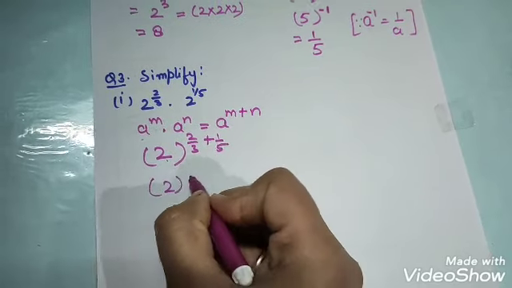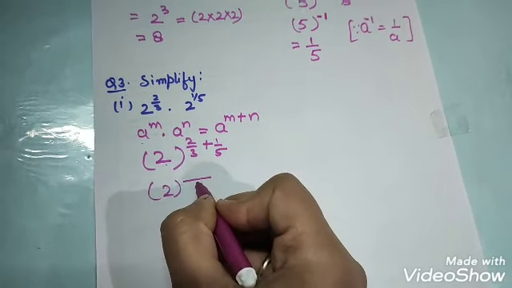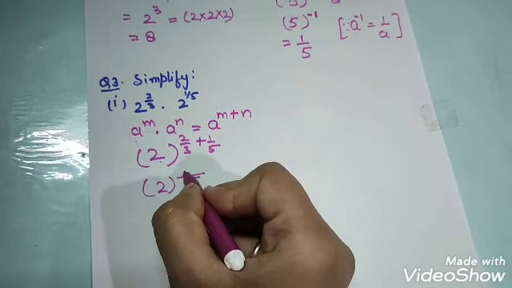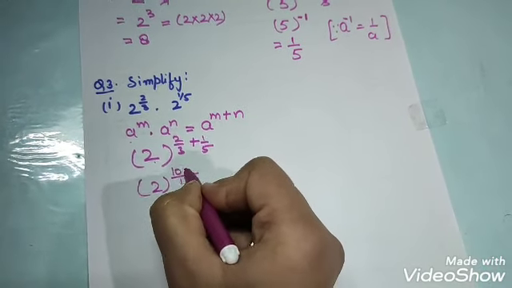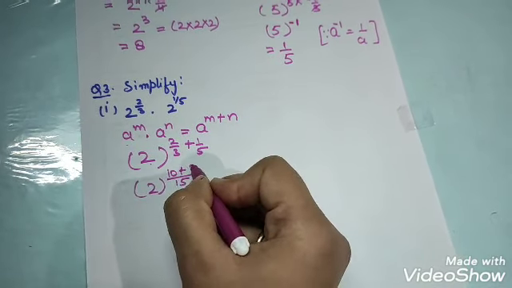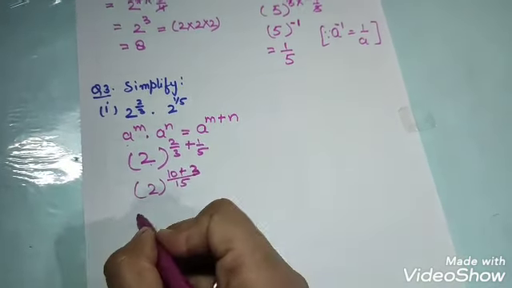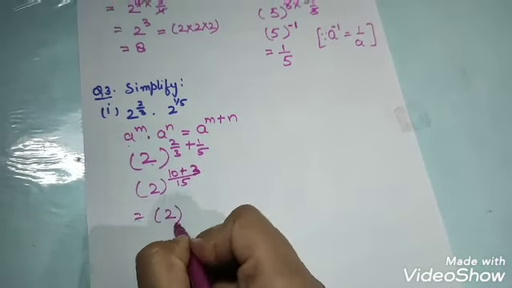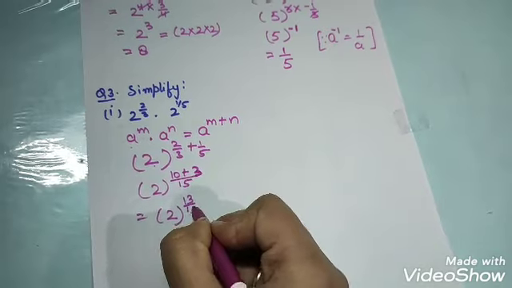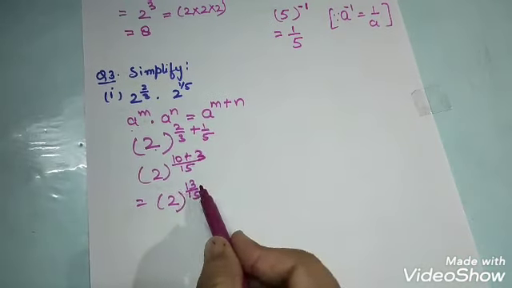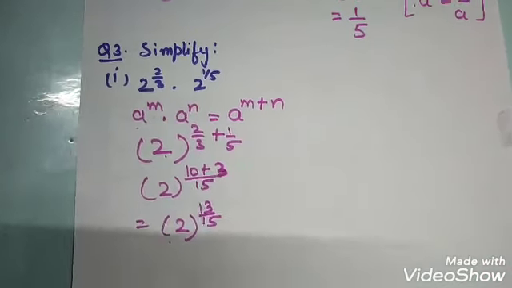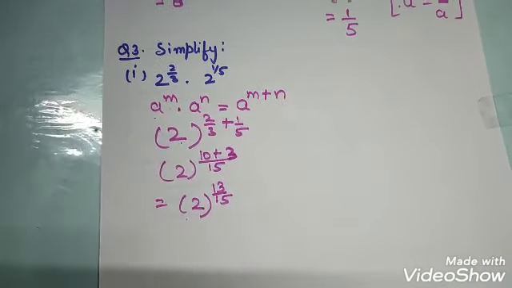So now take the LCM, it will be 15, then 10 plus 3, it will become 13. So 2 to the power 13 by 15. Look, the powers got added.